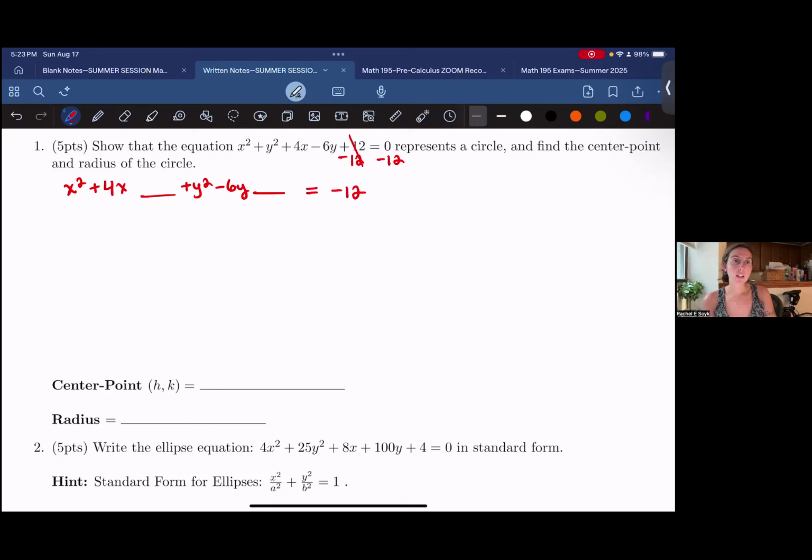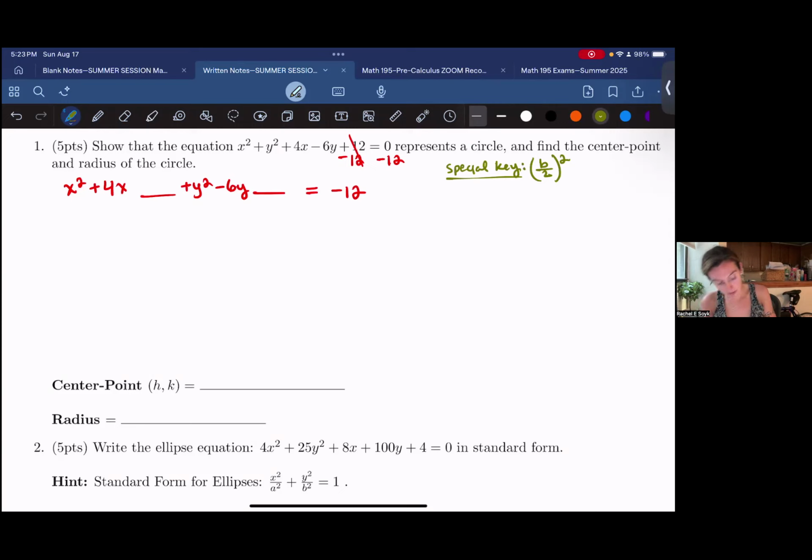Okay. Now, every time we complete a square, we need to think of our special key for completing the square, which is just our b over 2 in parentheses squared.